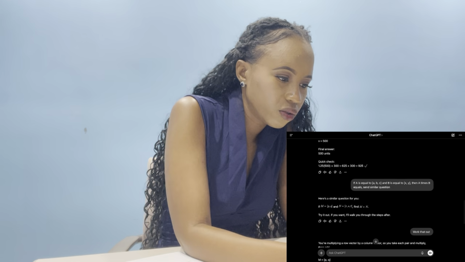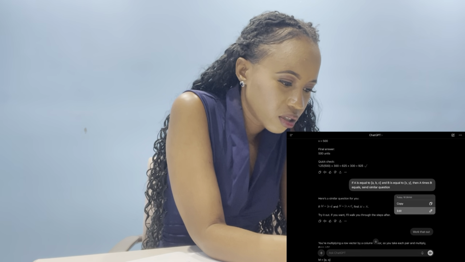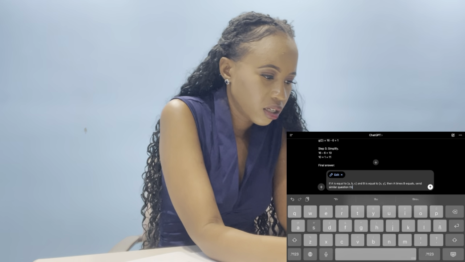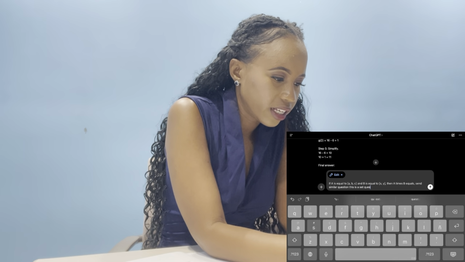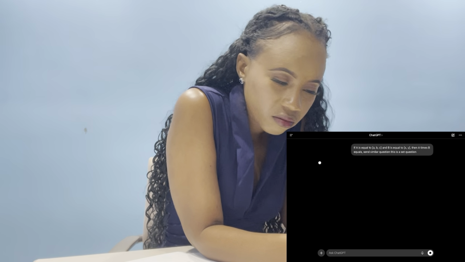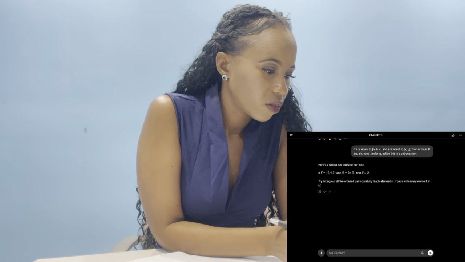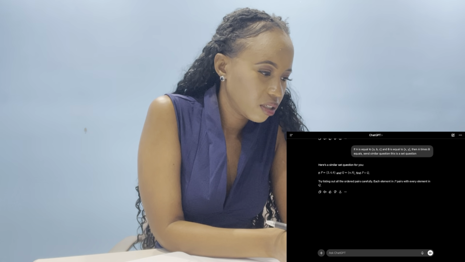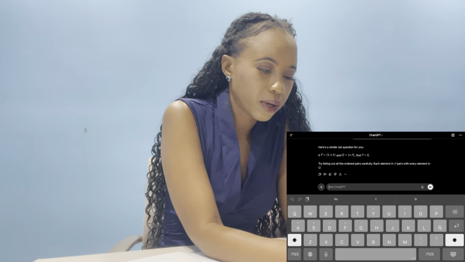So this has nothing to do with vectors. This is a set question. Okay, there you go. See, now it's telling me what I want to see. Answer it.